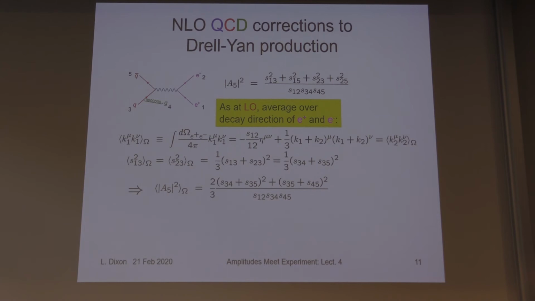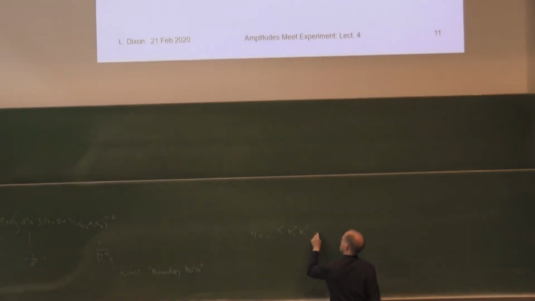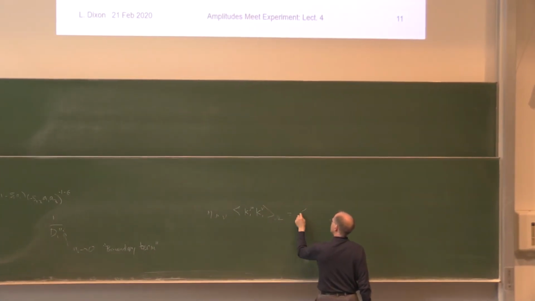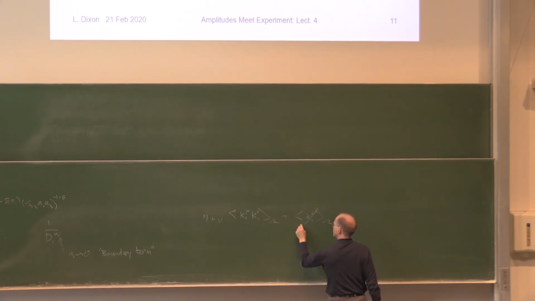One constraint is that if we take eta mu nu and contract it with k1 mu, k1 nu, well, that's just k1 squared, but this is 0.